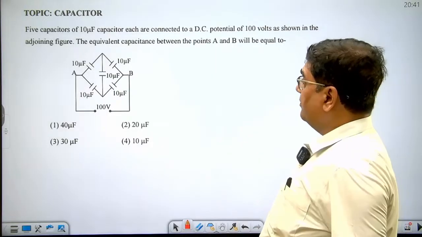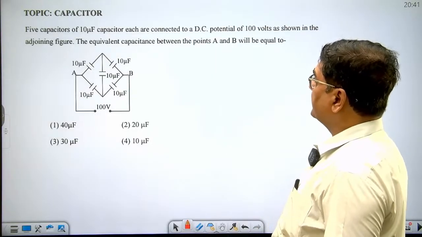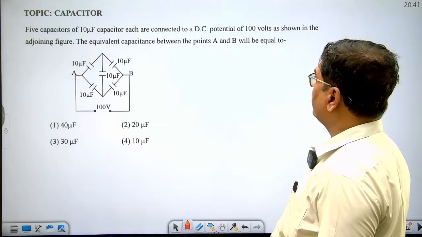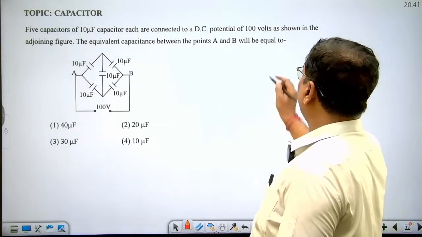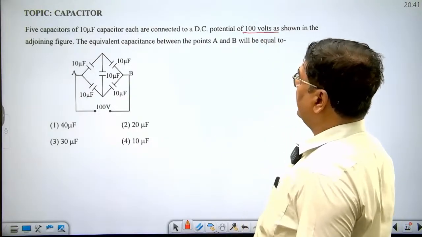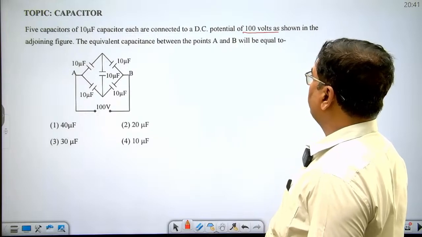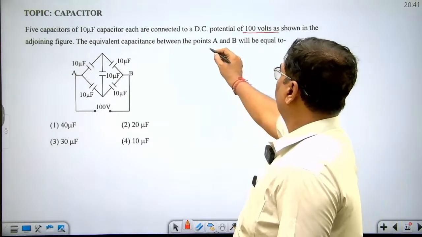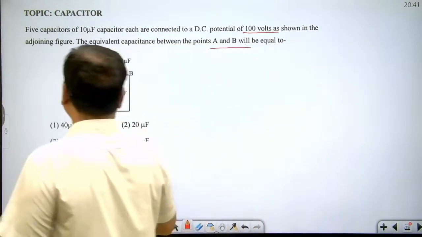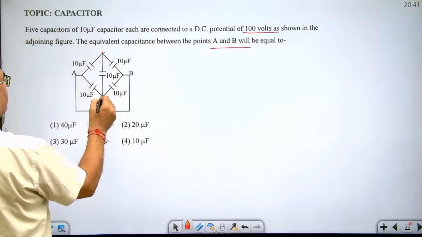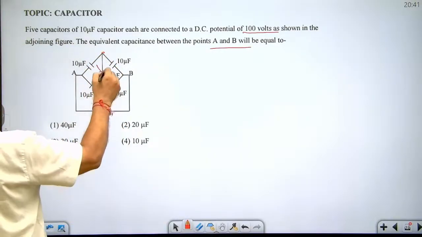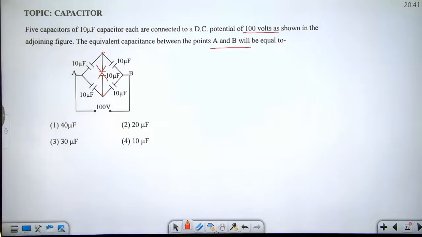This is the situation of a balanced Wheatstone bridge. 5 capacitors of 10 microfarad each are connected to a DC potential of 100 volt, as shown in the adjoining figure. The equivalent capacitance between points A and B will be equal to? Dear student, because the potential at this point and this point will remain the same, this 10 microfarad capacitor can be removed.